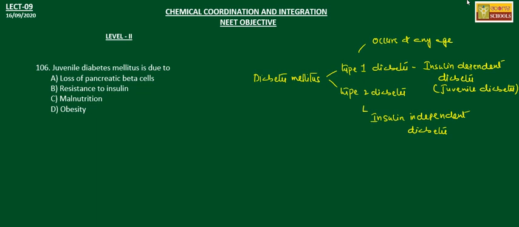That results actually due to the damage of beta cells. So here, coming to the question, juvenile diabetes mellitus is due to loss of pancreatic beta cells. Yes, not resistance to insulin, malnutrition, no, obesity, no. So the right answer for this is option A.